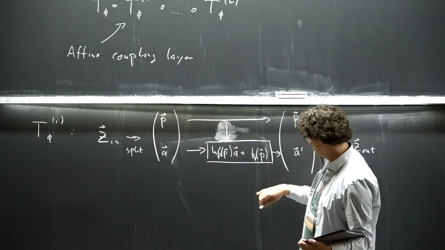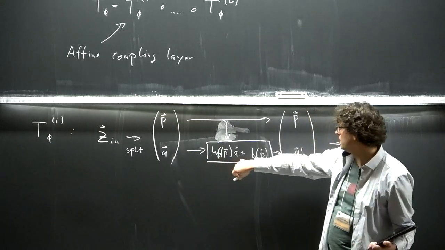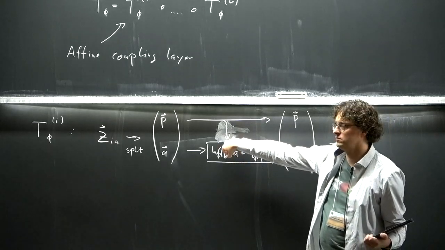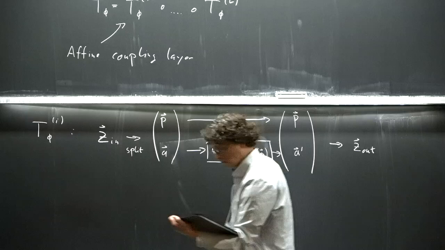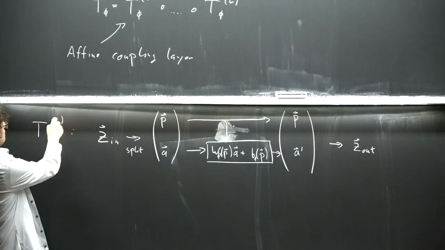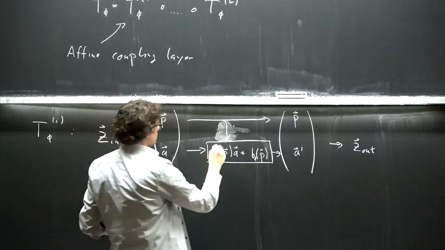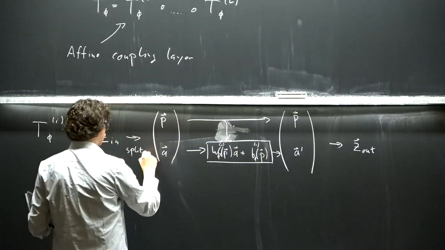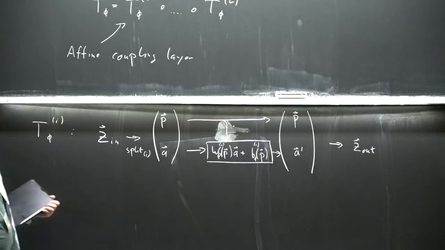I kept it constant, or I kept it 1. And there's only this bias. And this bias is simply a function of the other parameter. Also, the weight and the bias depend on I, right? So for each layer, you would have a different set of mappings. And also the splitting depends on I. So all of that depends on I.